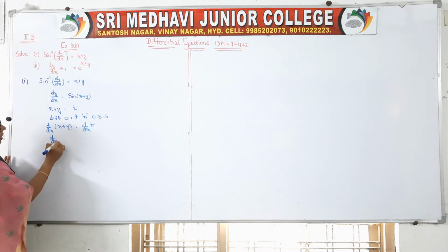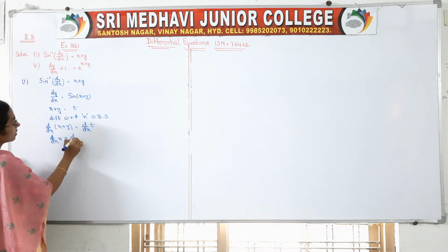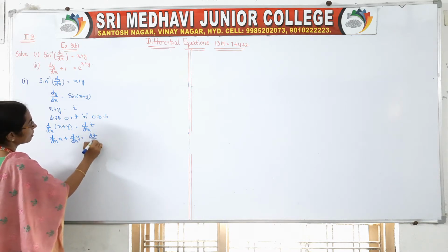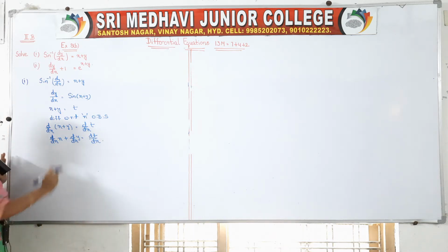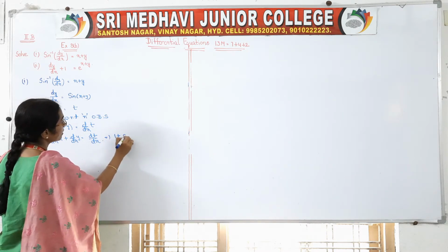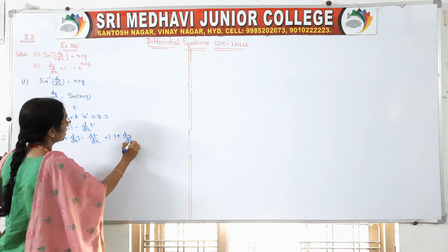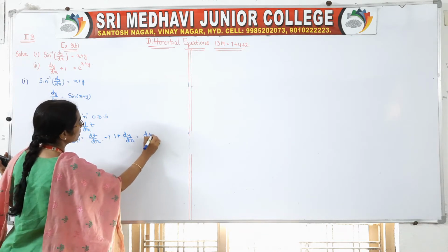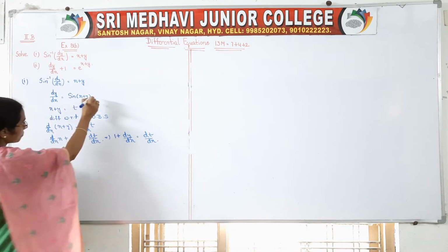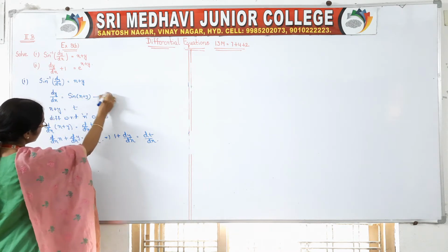So d by dx of x plus d by dx of y is equal to dt by dx. d by dx of x is 1. So it is 1 plus dy by dx is equal to dt by dx.